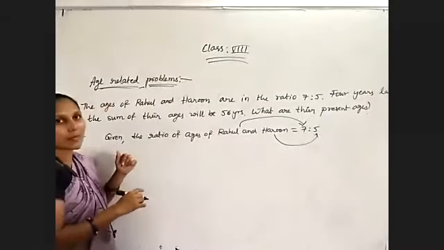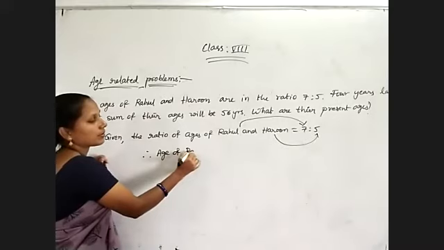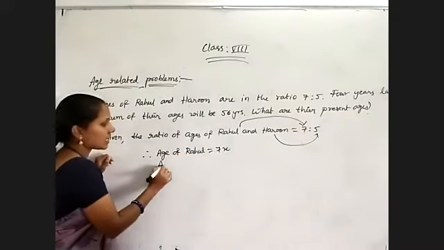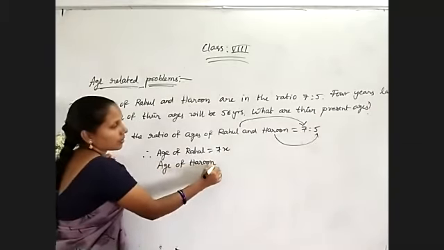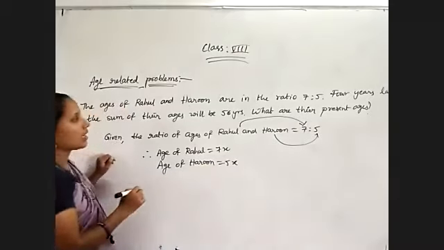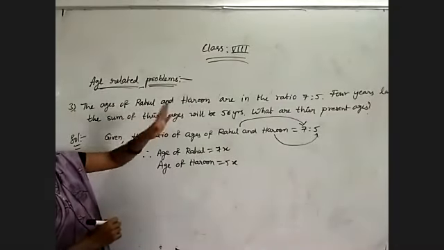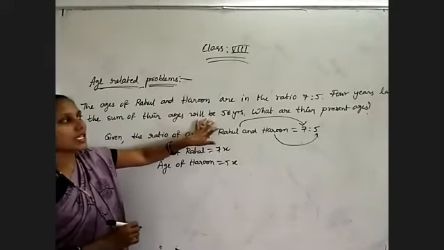So order is important. Therefore age of Rahul is equal to 7x and age of Harun is equal to 5x. Okay. Now 4 years later, the sum of their ages will be 56 years.